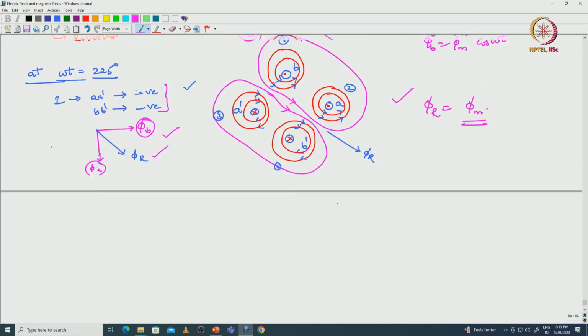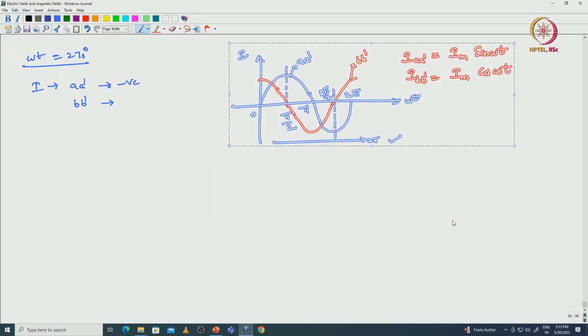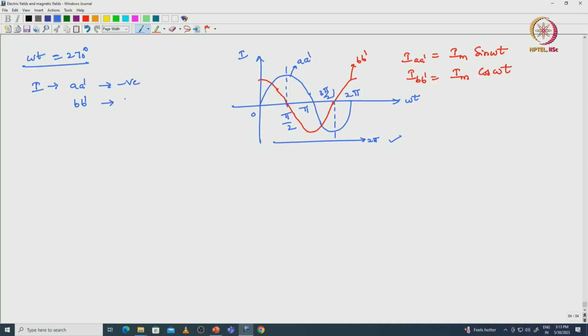Next, the remaining instants. At 270 degrees we will see omega t equals 270 degrees. Current to the coil A dash is negative, B dash current is 0.